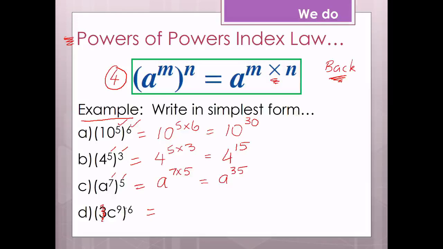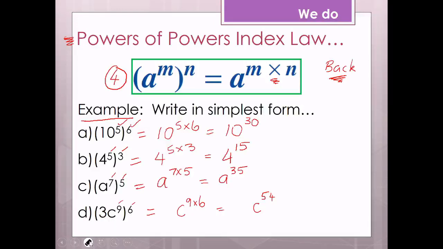Makes this question a little bit easier because you're raising a power to a power. So you've got c to the power of 9 times 6. So we raise a power to a power, we multiply. 9 times 6 is 54. So what do I do though about the 3 out the front?